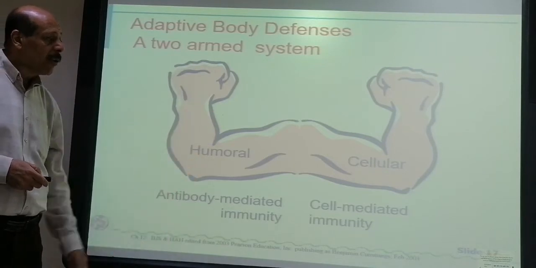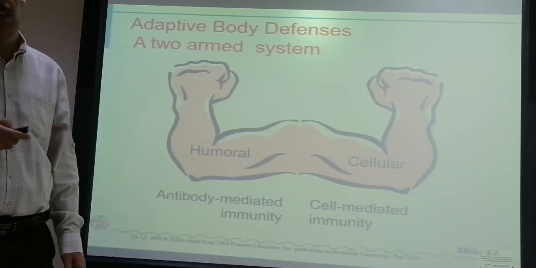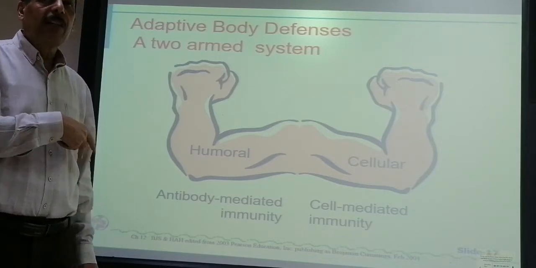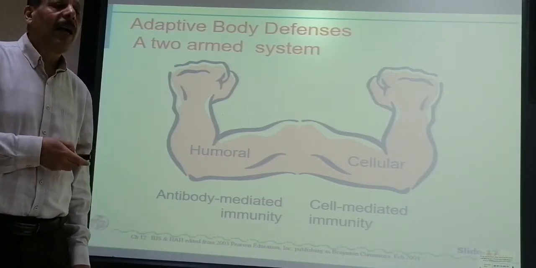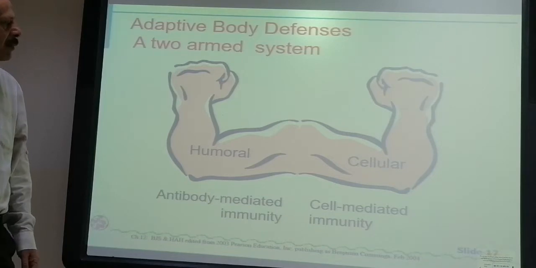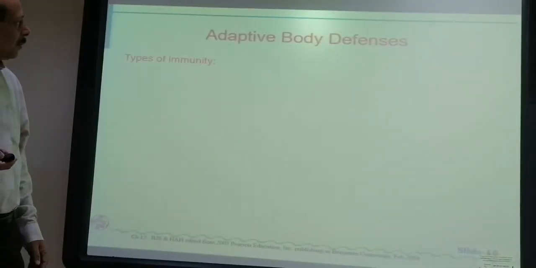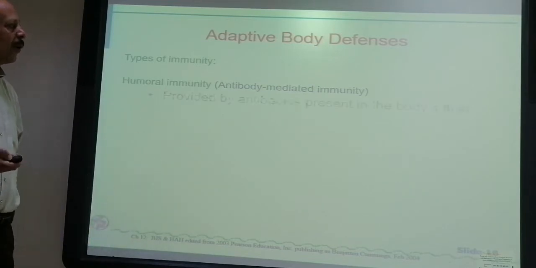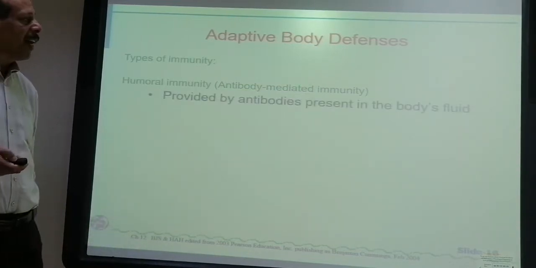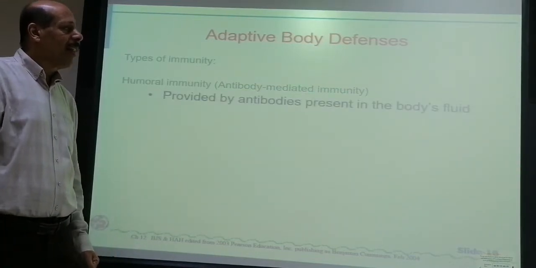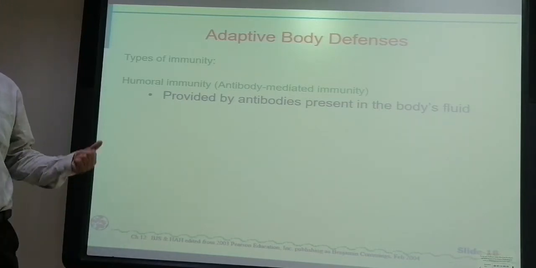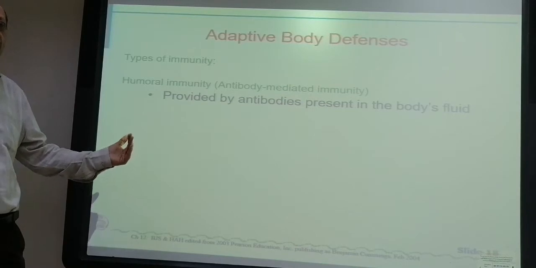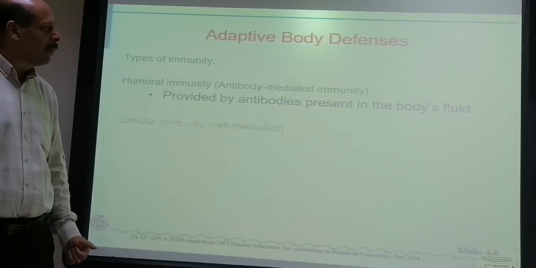The cellular immunity is the cell-mediated immunity. So it has two types, cell-mediated immunity and antibody-mediated immunity. The antibody-mediated immunity, as we said, is provided by antibodies present in the body fluid. So antibodies will be formed and present there in the body fluid.